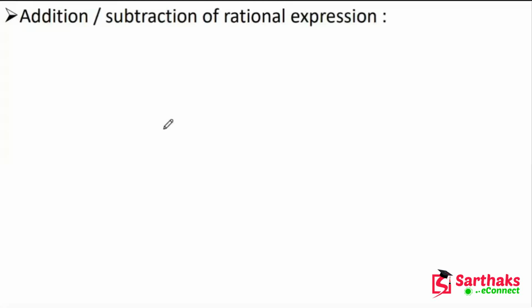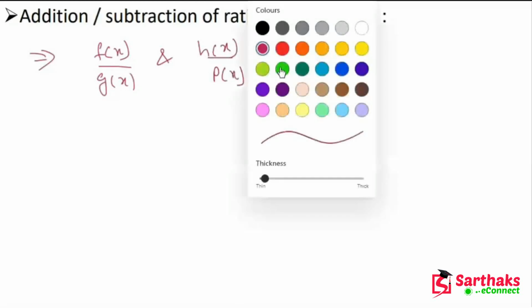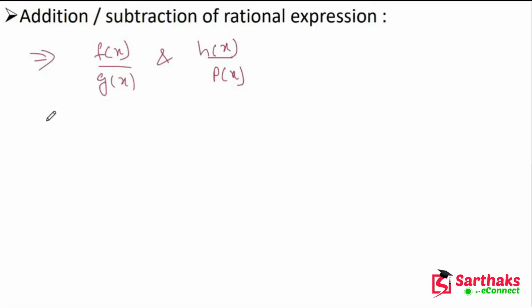Addition or subtraction of rational expressions. So friends, for the sum of any two rational expressions, let's suppose the first rational expression is f of x upon g of x, and we have another rational expression h of x upon p of x. If we want this sum, we can write it as f of x upon g of x plus h of x upon p of x.